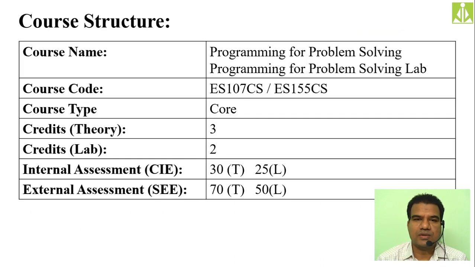If you see the complete course structure of Programming for Problem Solving, the course name is Programming for Problem Solving, in short PPS, and we also have a lab associated with this subject, the PPS lab itself, Programming for Problem Solving lab.